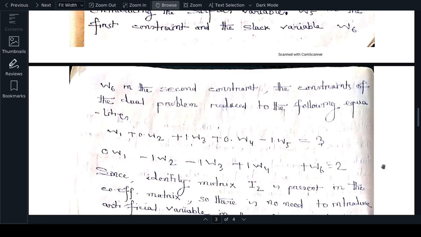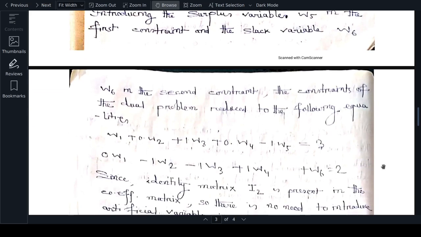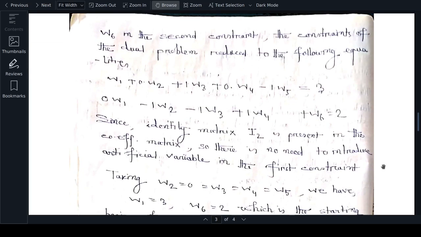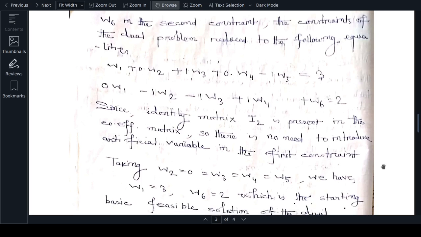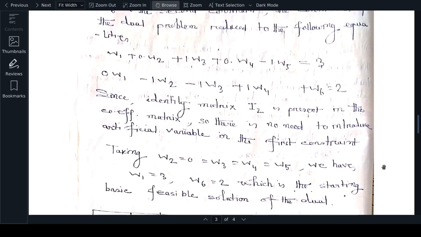And the last one, in the second equation, when we use W6, the first equation has 0 into W6, so 0, 1. So 1, 0 and 0, 1 we already got. For this reason, without using an artificial variable, we can solve this problem because we already got the identity matrix. Since the identity matrix I2 is present in the coefficient matrix, there is no need to introduce an artificial variable in the first constraint.